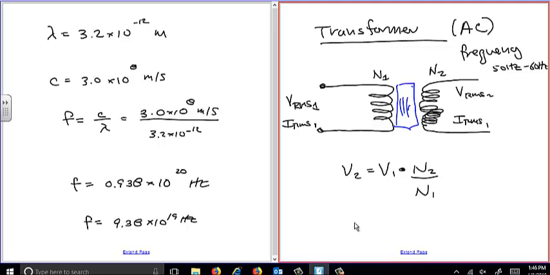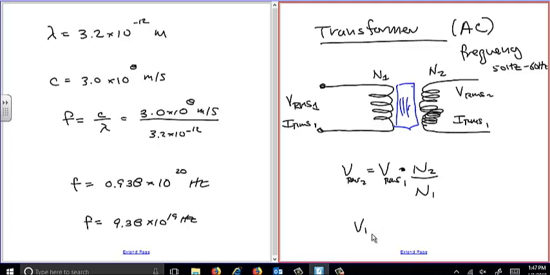For an ideal transformer, I didn't write RMS in here, so let me do that. So V RMS 2 is equal to V RMS 1 times N2 over N1, and remember, RMS stands for root mean square. It's just taking the AC signal and converting it into a DC signal that has the same power consumption.